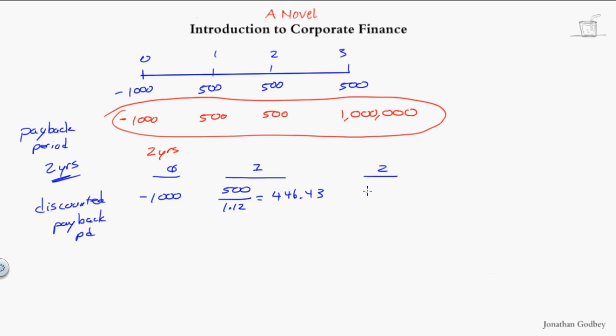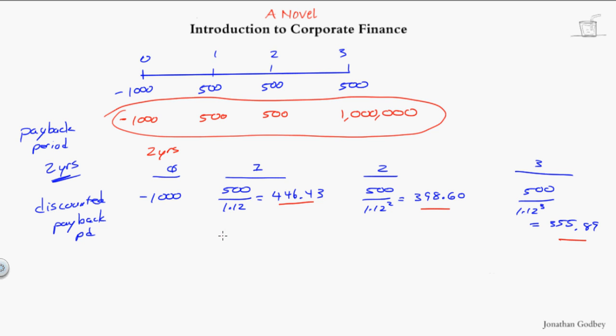In year 2, we have the 500 divided by 1.12 squared, which is equal to 398.60. And in year 3, we have the 500 divided by 1.12 cubed, which is equal to 355.89. So now I'm trying to find the payback period, but not using the 500s, but using the discounted values.